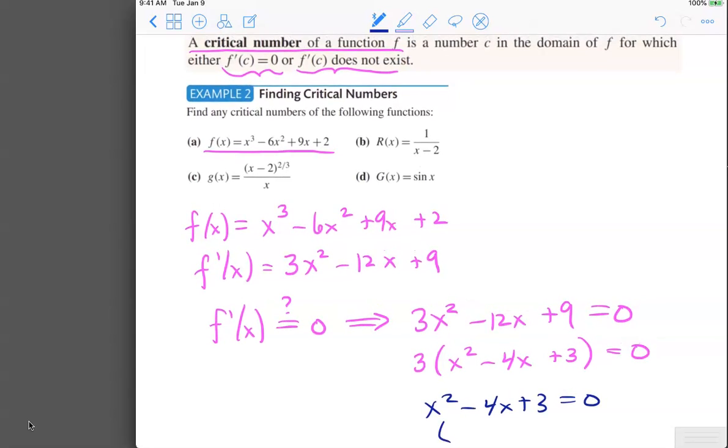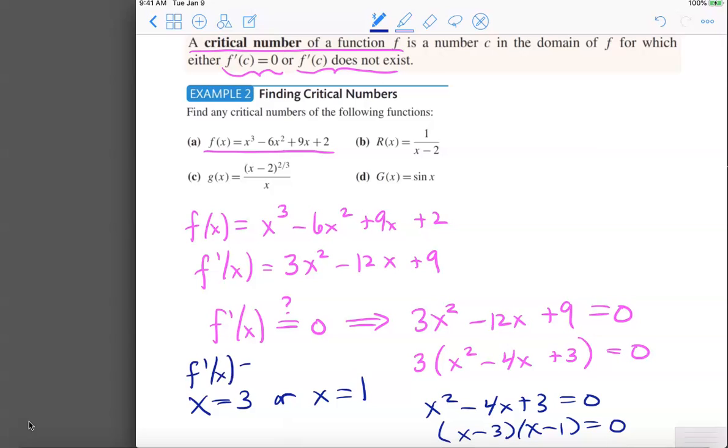I think that factors as (x minus 3)(x minus 1) equals 0. And so we can see here that when x is equal to 3 or when x is equal to 1, f prime of x is equal to 0. Okay, so x equals 3 or x equals 1, those are our critical numbers.